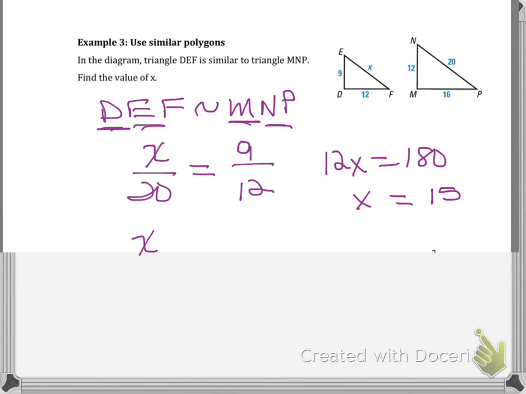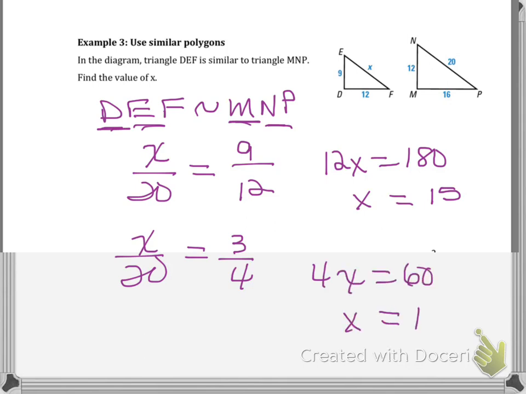What if I had reduced the fraction? Would that have made this easier for me? So 9/12 is the same as 3/4, and then I would have gotten 4x equals 60, and x equals 15 that way. So if you want to reduce your fraction first, you can, just as long as you do that carefully prior to doing your multiplication.